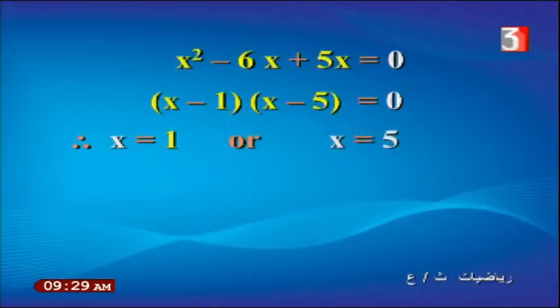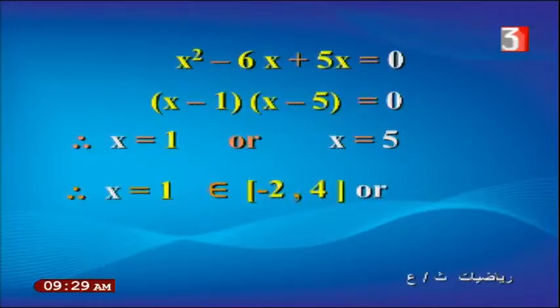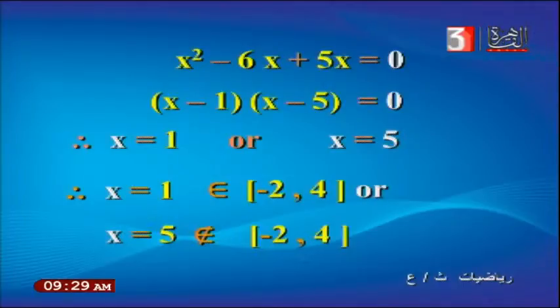Now, x equals 1 belongs to the closed interval negative 2 and 4. But x equals 5 does not belong to the closed interval negative 2 and 4. Then we have negative 2 and 4 as endpoints, and x equals 1, which belongs to this closed interval.